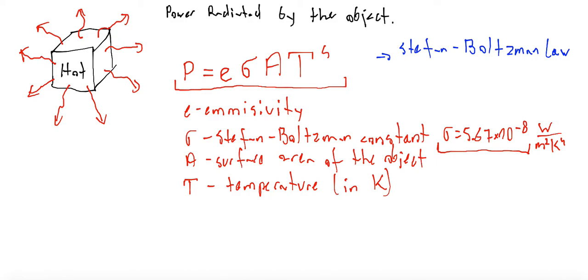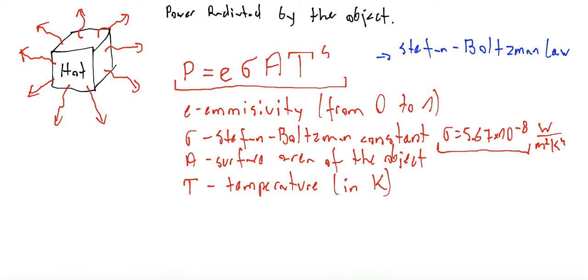This emissivity is a number in the range from 0 up to 1, and if emissivity is equal to 1, then the object radiates as a black body.